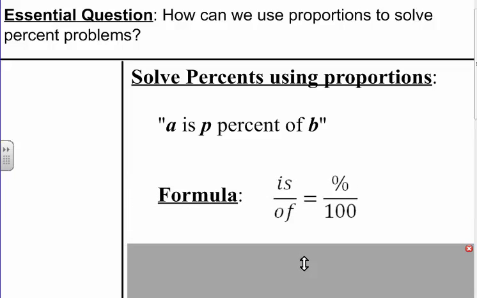This is how I like to write the formula. Instead of remembering where the A, P, and B go, we remember it in terms of the words in the expression: is over of equals percent over 100.